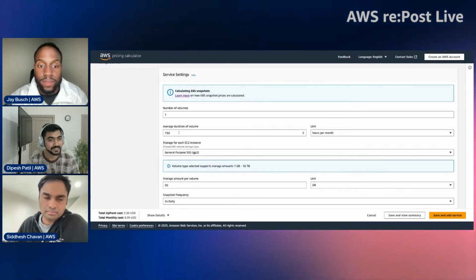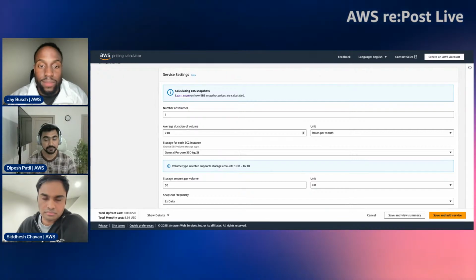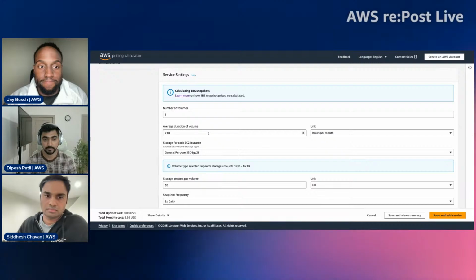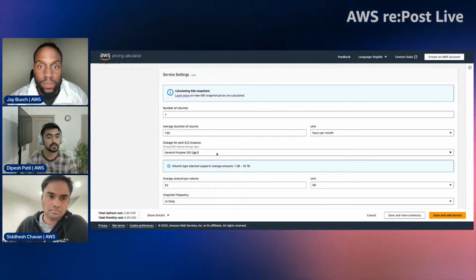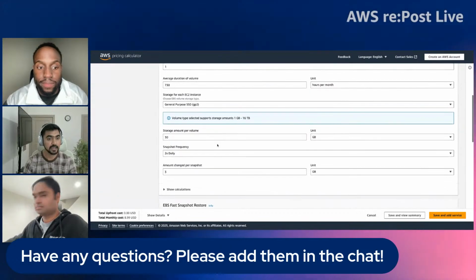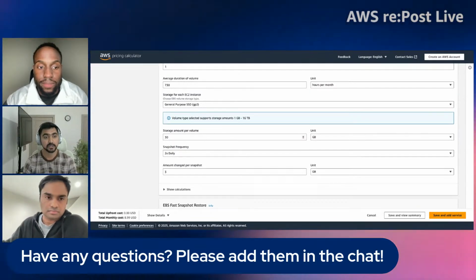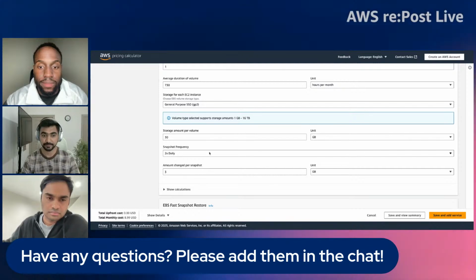Here, for the number of volumes, we have one volume, and the duration is 730 hours, the duration for which my volume is present in my account. For simplicity, I'm going to select GP2 at the beginning. And as per the question, we will select the storage amount for this volume to be 30 GB.